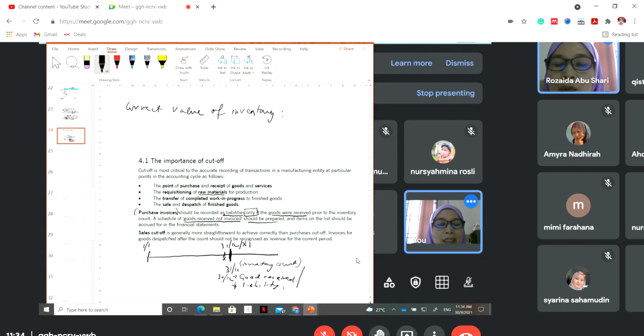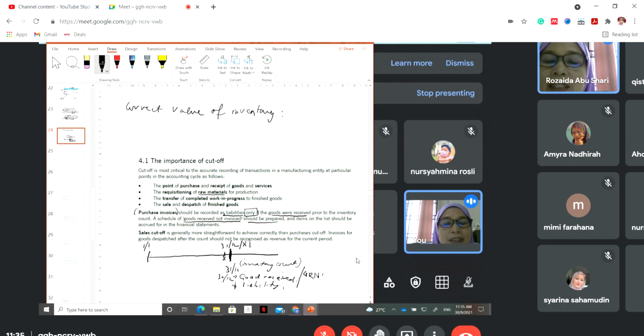Okay, but goods received maksudnya dia datang dengan goods received note, right? The company already received the GRN. Sebut G, tulis D, sorry, G. So that's happened. Goods received note. But have the invoice received?